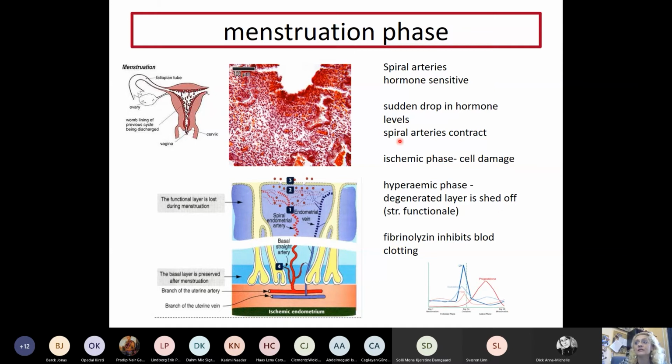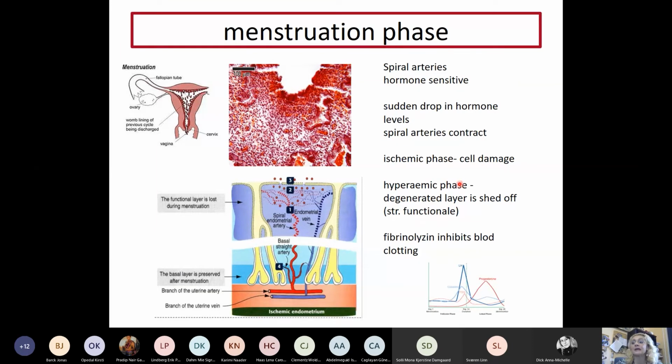So this leads to contraction, vasoconstriction in the spiral arteries. This leads to the ischemic phase. If the vessels contract, this causes cell damage, of course. No blood supply, so the cells start to disintegrate.